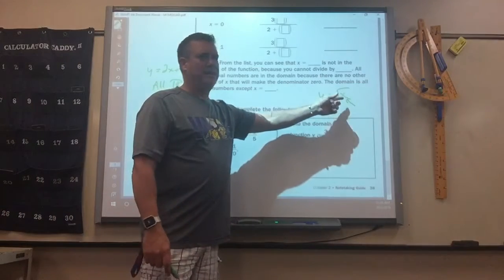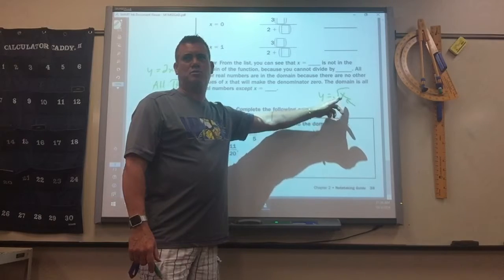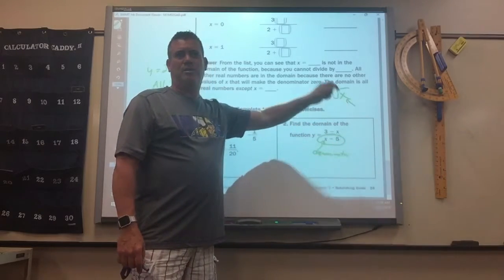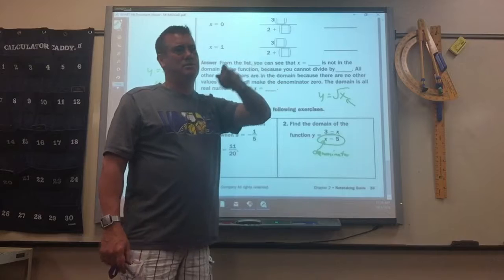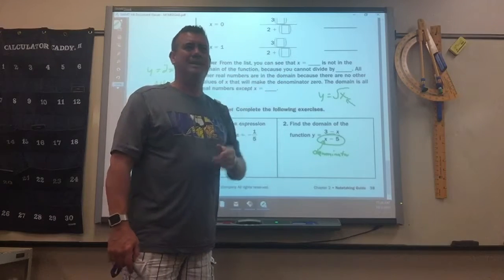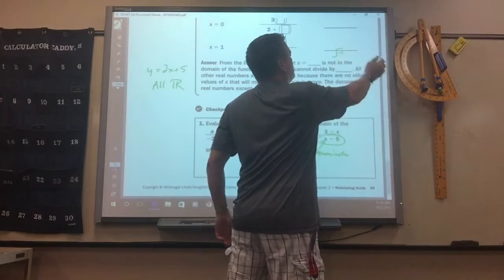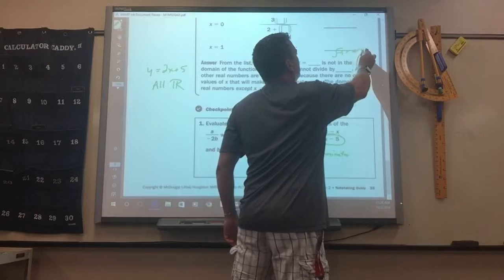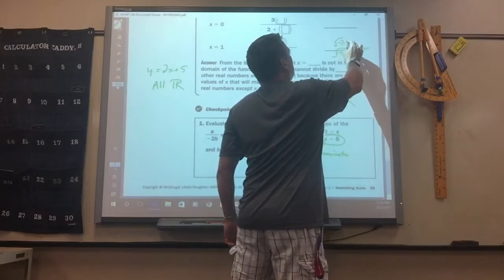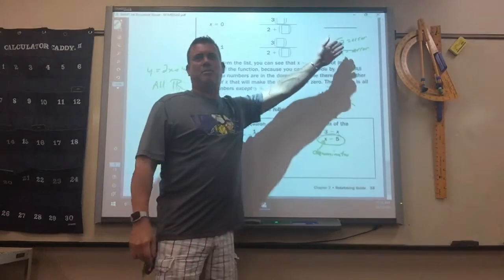Do you guys remember what kind of numbers, if you put in your calculator, you get an error? Square root of 1? Nope, square root of 1 is 1. Square root of 0 is 0. Square root of 2 is 1 point something. Negative 1. If you take the square root of negative 1, you're going to get an error. Square root of negative 2, you're going to get an error. Because you can't have a square root of a negative number.